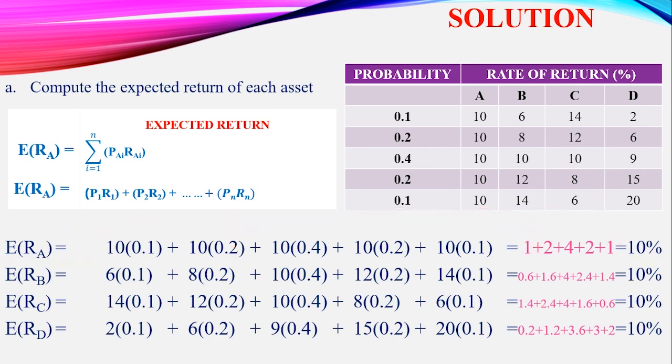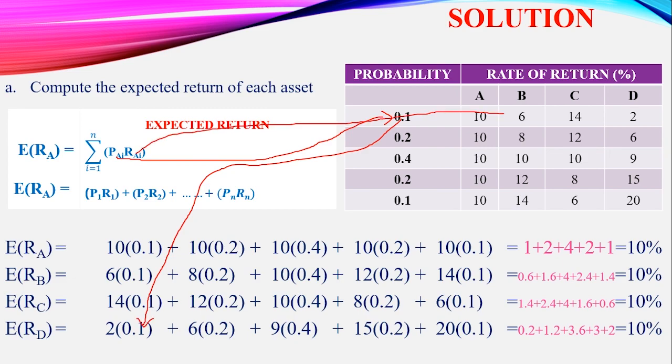Hope you get that. Then let me take another asset, for example asset D, expected return of D. I'll start with state 1. The PAI here is 0.1. So I have it there, 0.1. Then the RAI is what? Is 2.